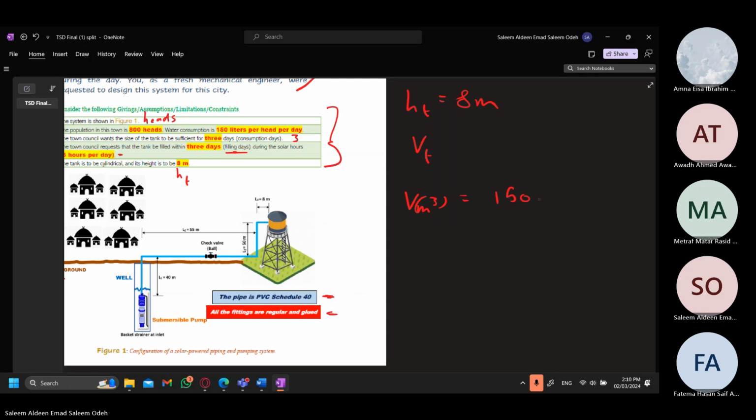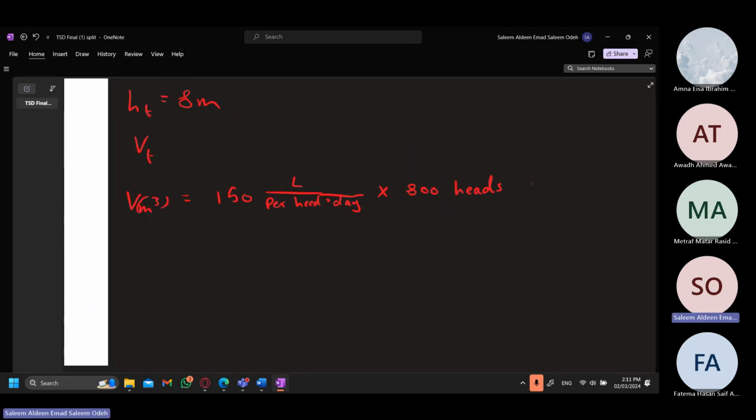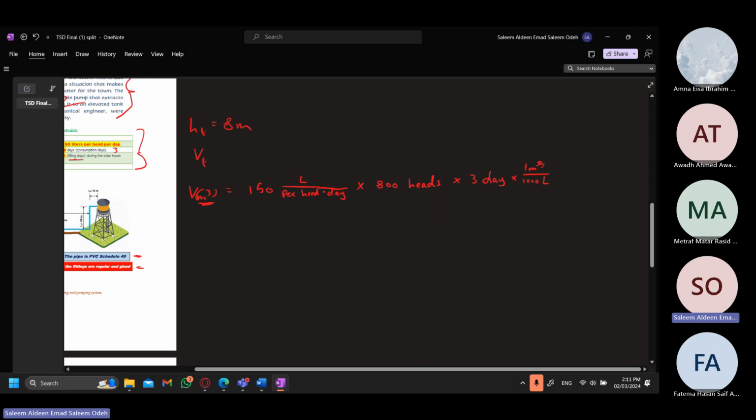So you will do 150 liters per head and day, multiplied with 800 heads, multiplied with the amount of days, so 3 days, multiplied with 1 meter cubed over 1000 liters to get the proper value in the unit you need, which is meters cubed.